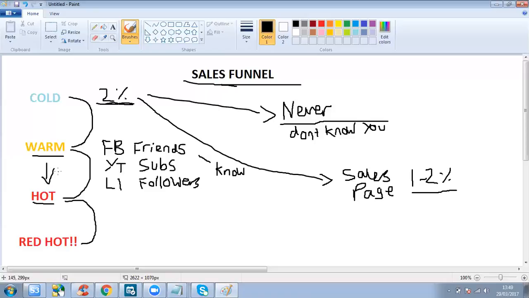And chances are, if you've got a lot of people who are following you, who love you and really know, like and trust you, then you could put out a product and you're probably going to have a lot of hot traffic to that product and probably make quite a lot of money because of that. So we've got the Facebook friends, YouTube subs, LinkedIn followers, acquaintances. We're not talking about your best friends here, we're talking about people who are your acquaintances, I'll just put ACQ. They're going to be in your warm.